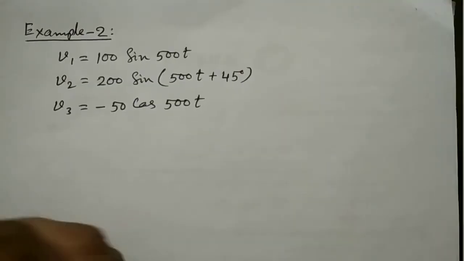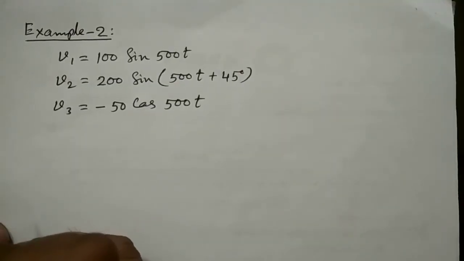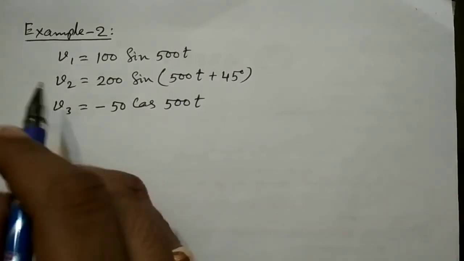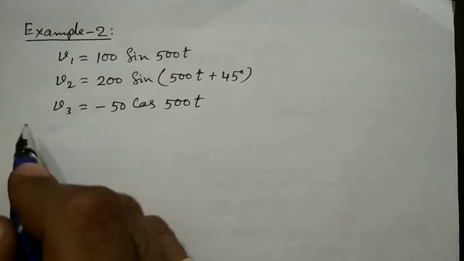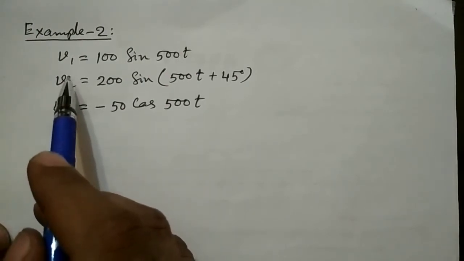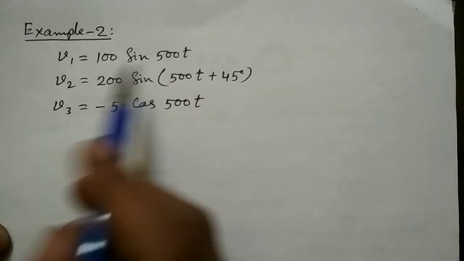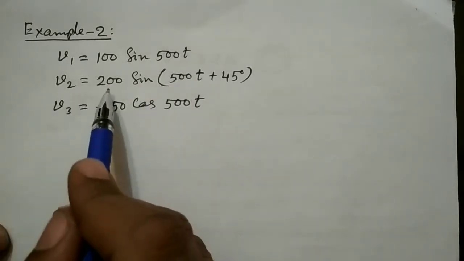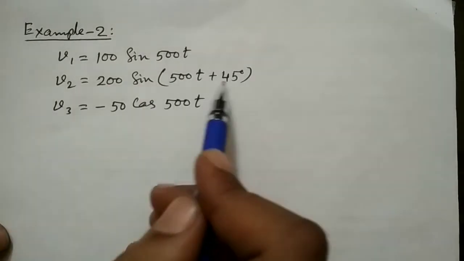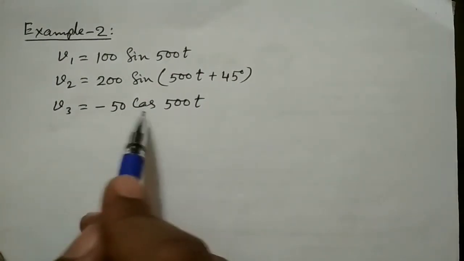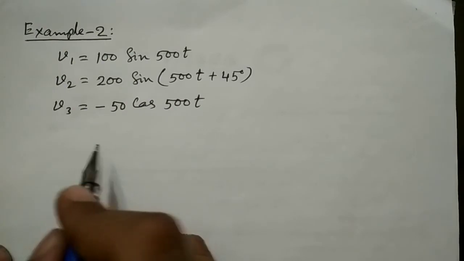Okay, now see the second example. Here the question is find the resultant of the three voltages. Here three voltages are given: V1 equal to 100 sin 500t, V2 equal to 200 sin (500t plus 45 degree), and V3 is equal to minus 50 cos 500t.